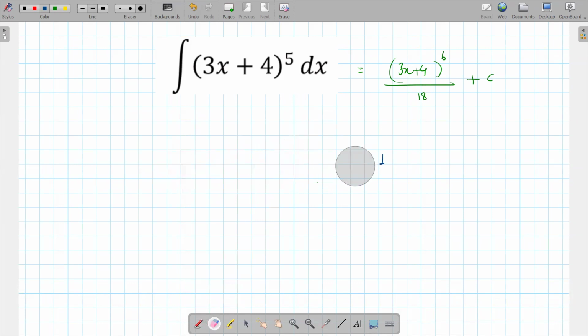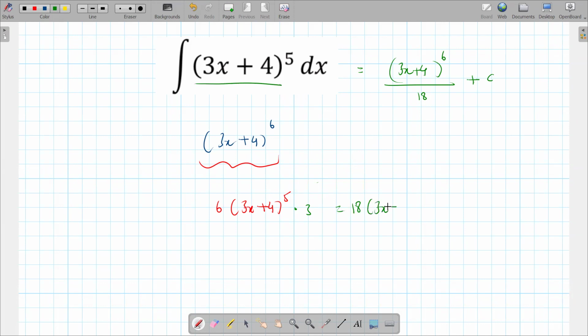Why is it over 18? Because when you take the integral, you get a power 6, right? Now think about this. When you take the derivative of this, you would get 6, 3x plus 4 to the power of 5, right? And the chain rule component times 3. So if you were to take the derivative of it by itself, you would get 18 times this.